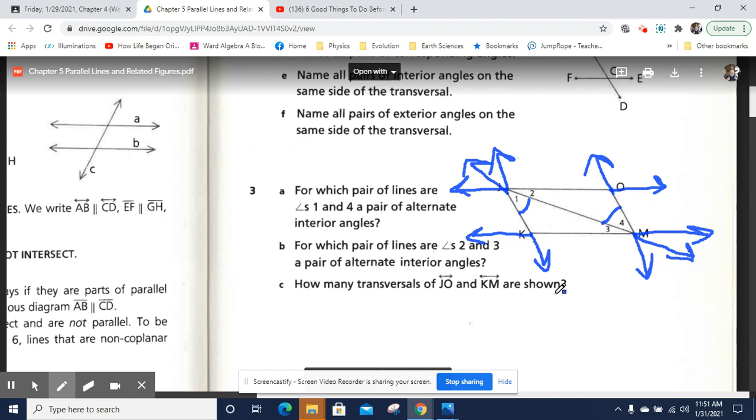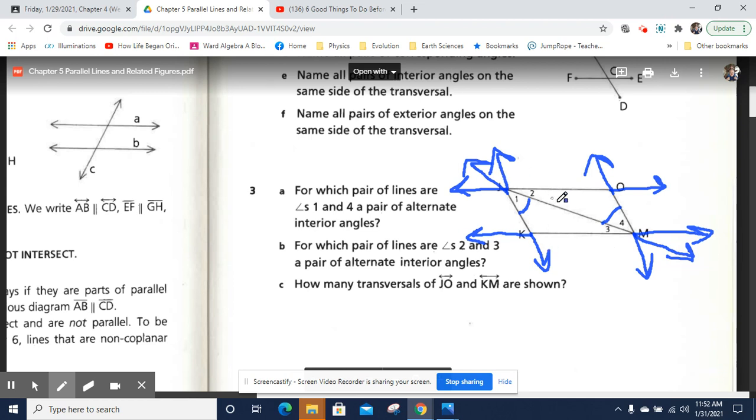If you want to think about it, is it KM and JO, or is it OM and JK that angles 1 and 4 are alternate interior angles for? All right, assuming you paused, I will now reveal. Angles 1 and 4 are angles made with OM and JM, and also JK and JM.